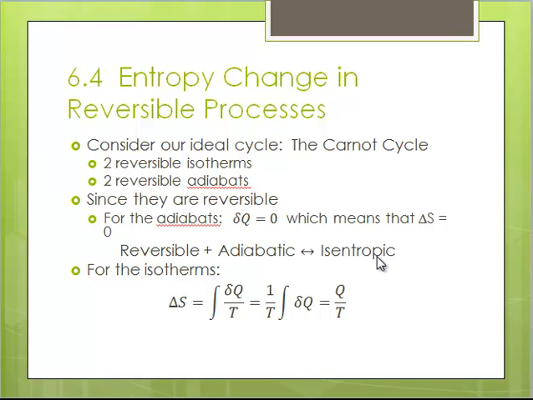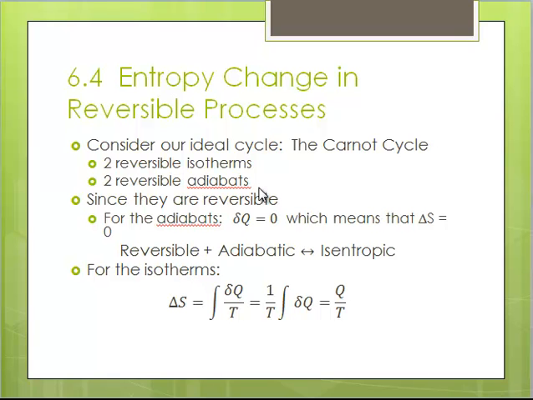And what's really nice about this is, if I have any two of these words, the third word applies. So reversible and isentropic will imply it must have been adiabatic. Or, one's a little weird, isentropic and adiabatic would imply that it's a reversible process.